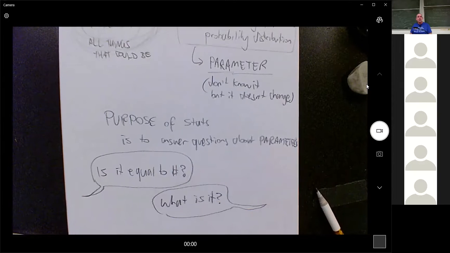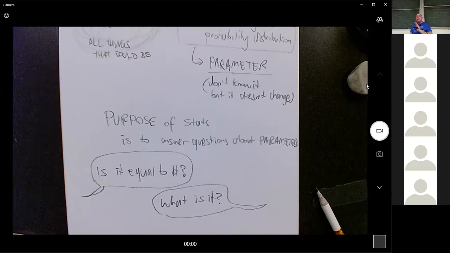So you would think that this one would be a better question, because this one just says, is it equal to 4? No. Like, oh, so if it's not equal to 4, what is it? But it's important to be able to answer both kinds of questions.